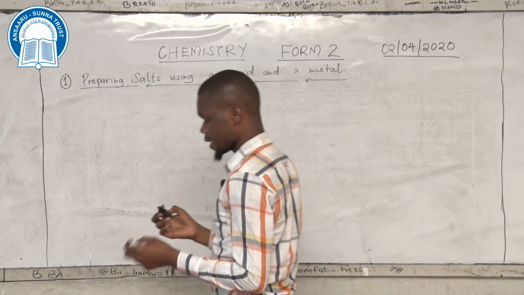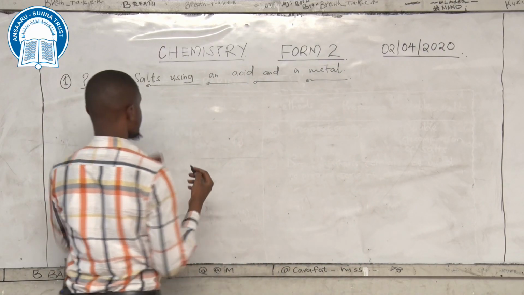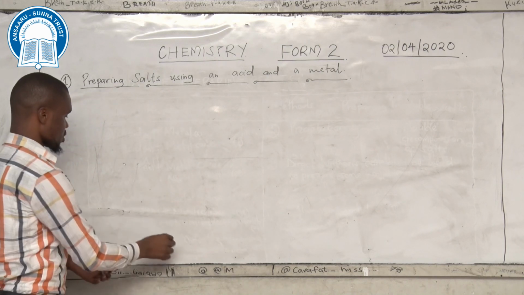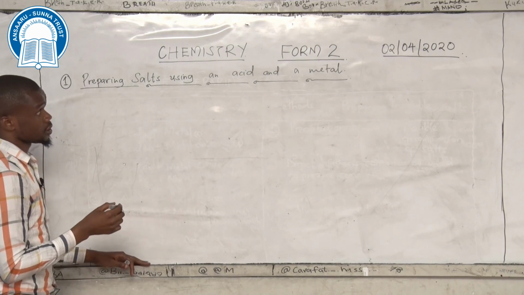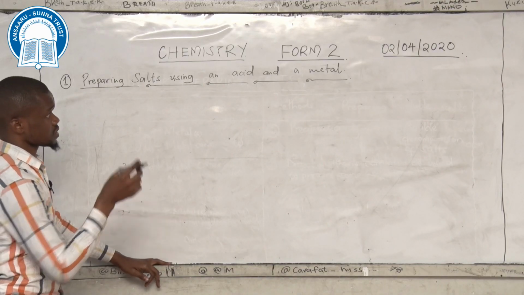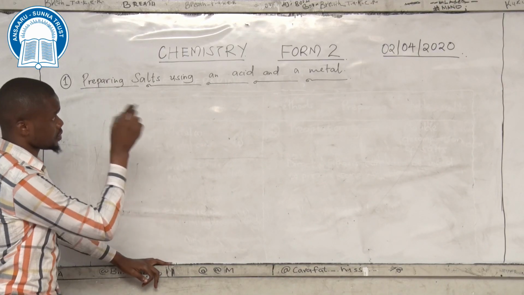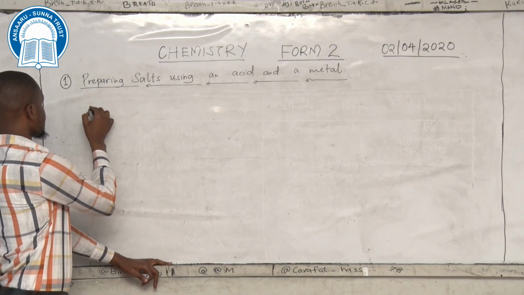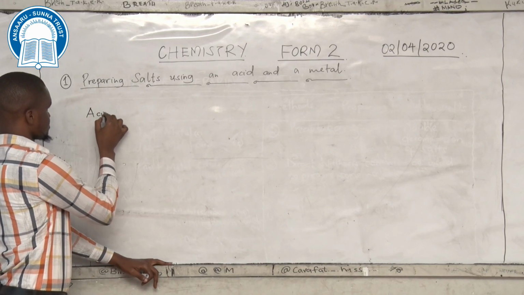Now, in preparing a salt using an acid and a metal, the salts that can be prepared under this category would depend on conditions on the acid and a condition on the metal. Number one, about the acid.